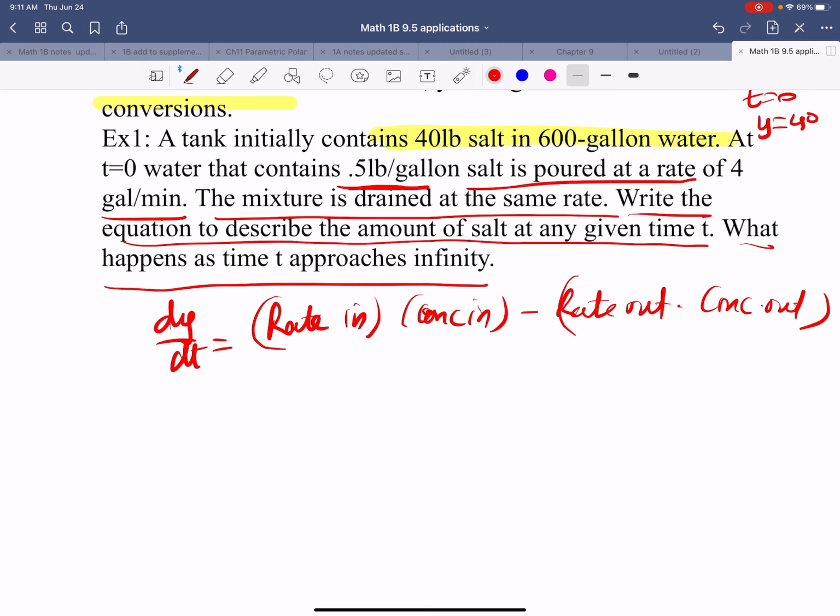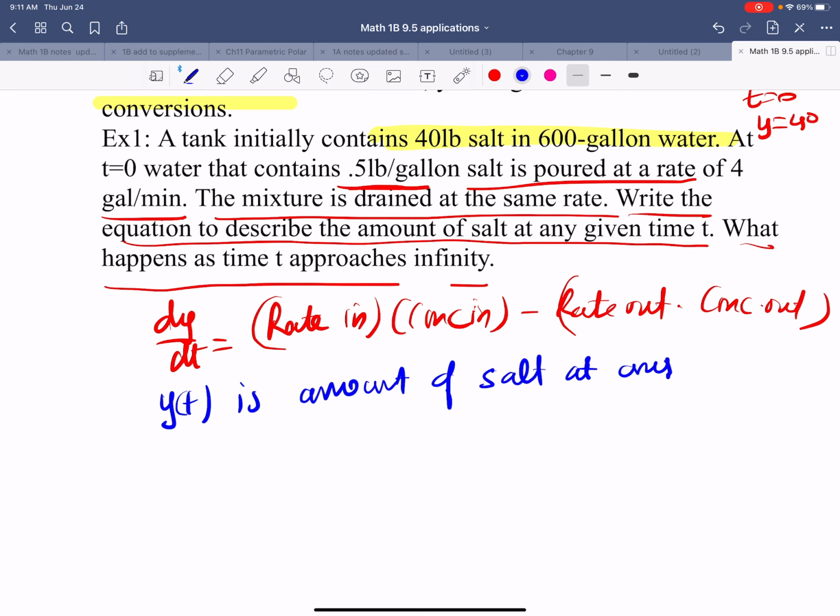And y of t is the amount of salt at any time t.